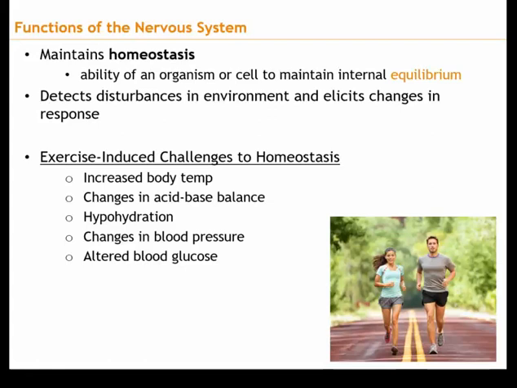Next is hypohydration, which is just dehydration. Hypo meaning low hydration of the body. So what would happen here? We're getting dehydrated because we're sweating and maybe we're not drinking water during our exercise. What does the body do?